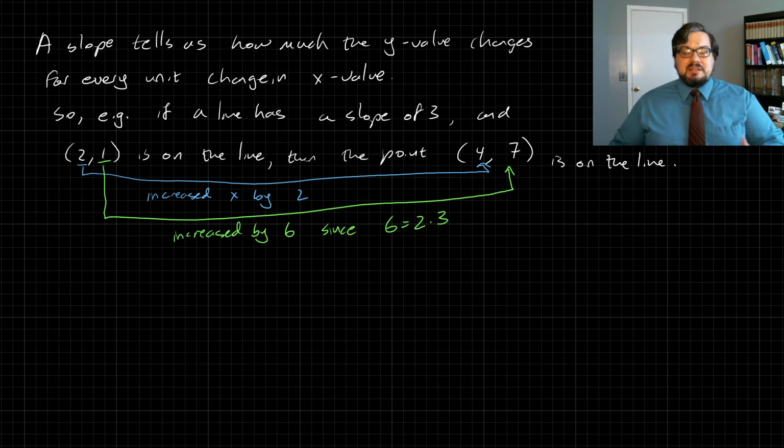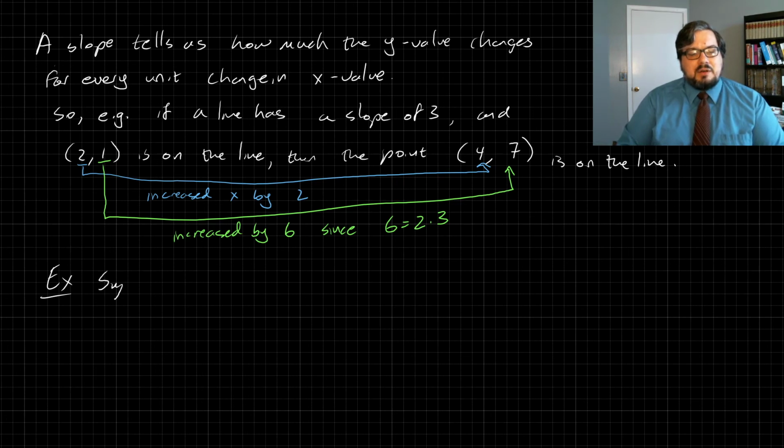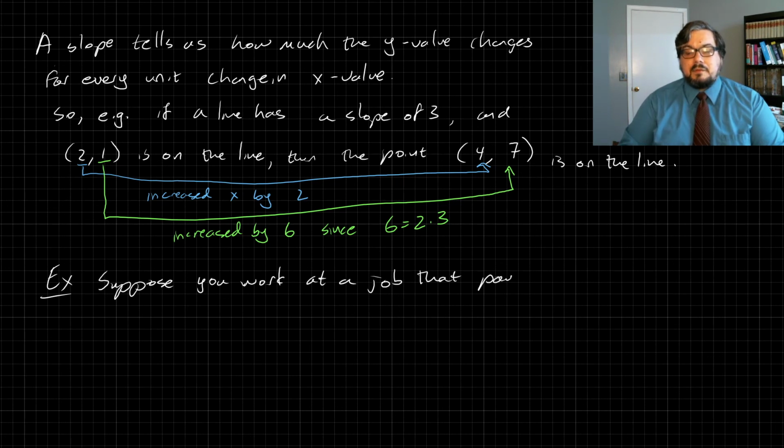There are lots of things that we deal with in real life that can be described this way. For instance, let's look at the following scenario. Let's suppose you work at a job that pays $12 per hour.